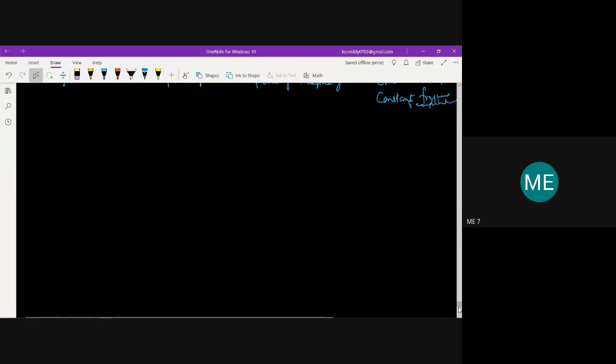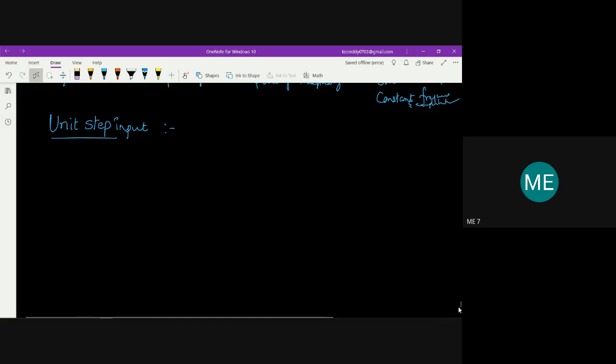Now we are going to move to the unit step response. We will use the unit step as the input, and I need to find the response of a second order system.